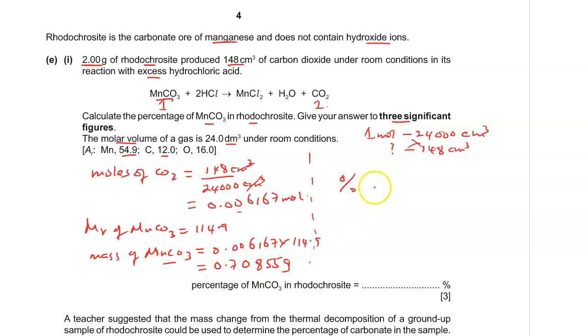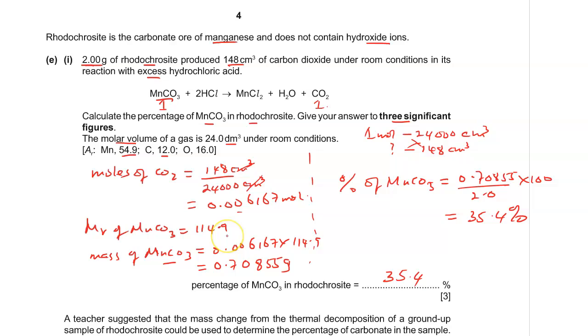To get the percentage of manganese carbonate, it is this mass 0.7855 divided by 2 grams times 100, and this will give us 35.4%. Very well.